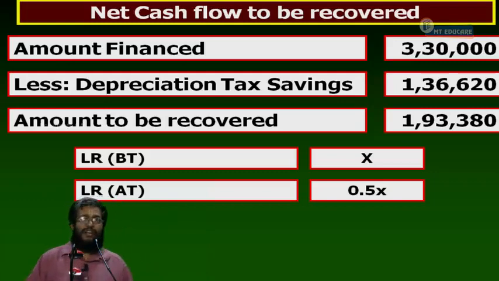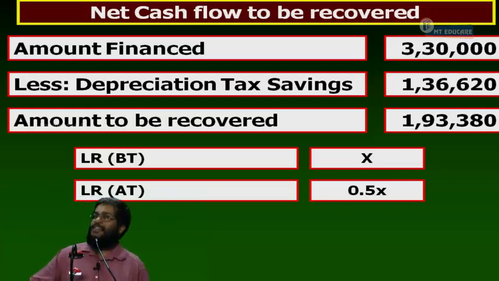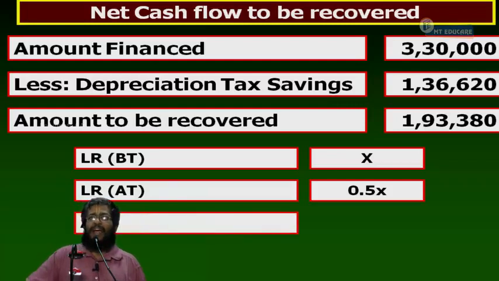Shall I proceed or not? Now, this is going to be received for 5 years. So the discounted lease rental means there should be the discounted annuity factor, 8%, 5 years. Yes or no? Write down.